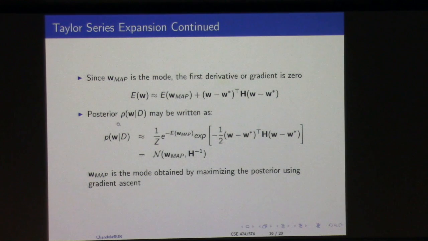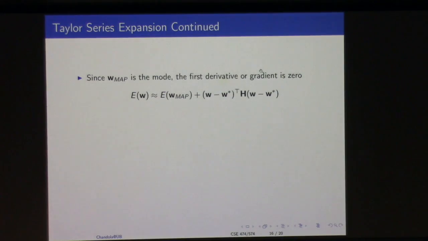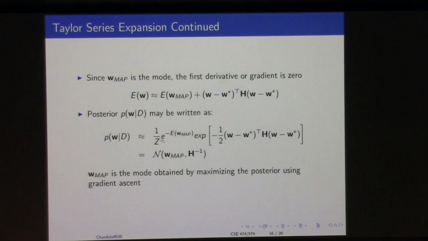So now if you feed this into your approximate function, remember this, right? Here, instead of E of w, I'll replace it with E of w map plus w minus w map, H w map, w minus w map, which is here. Then you can rewrite this whole term like this. So there'll be 1 over Z times some constant term here times this.